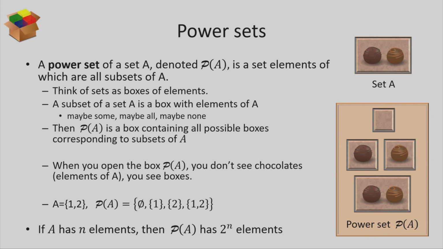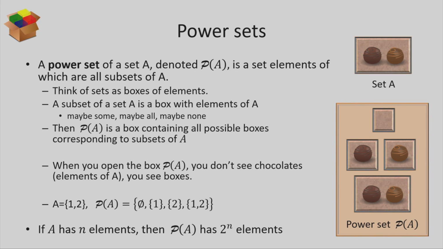So one important thing to remember about the power set is that the power set has sets as its elements. So if your original set A had numbers or chocolates, and you open the box representing your power set, you're not going to see chocolates.